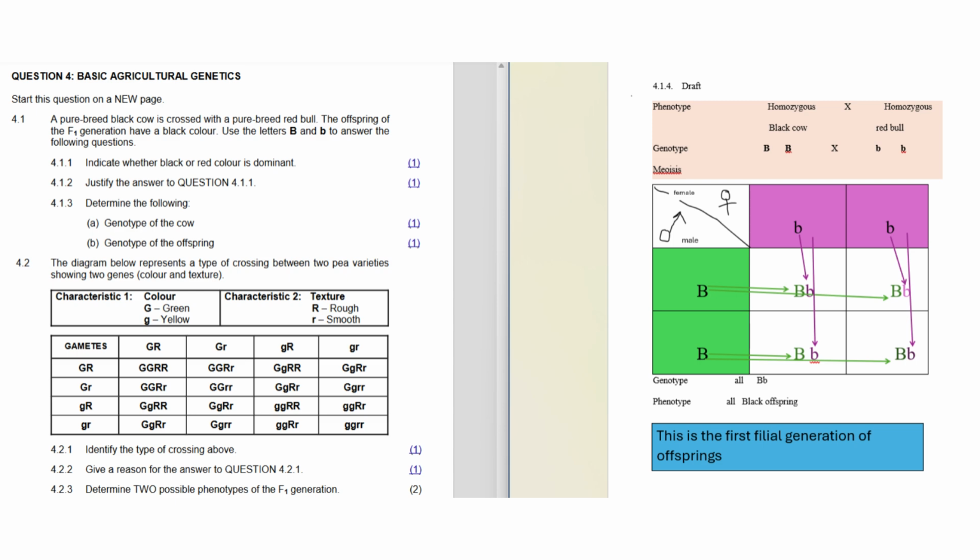Homozygous genotype. We have a homozygous black cow crossed with a red bull.